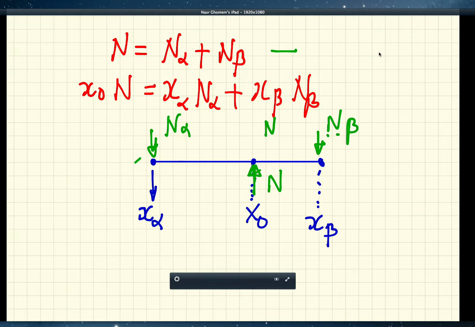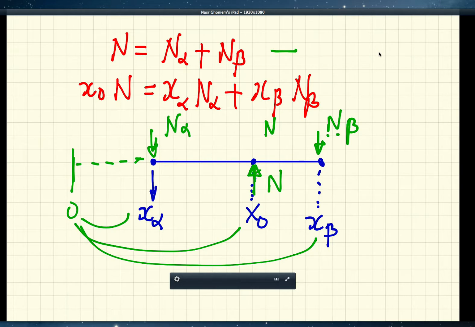And the second equation tells me that if x's are distances, so if we measure the distance from a 0 here, this is x alpha, this is x0, this is x beta, then I'm taking the moments of N. On the left side, N times x0 is equal to the sum of the moments, which is x alpha and alpha, the moment of this force here, plus x beta and beta, the moment of this force here.